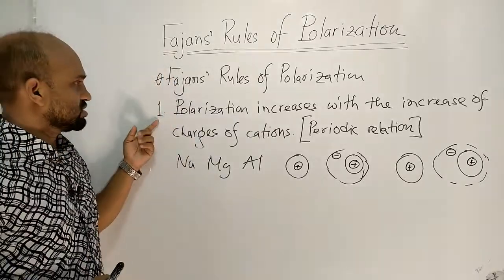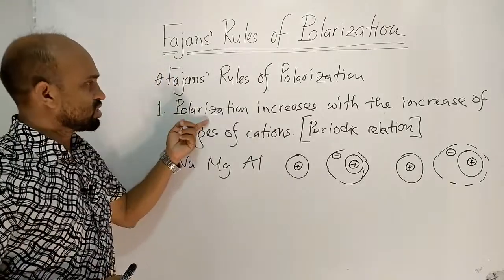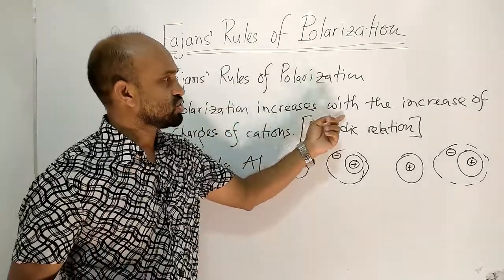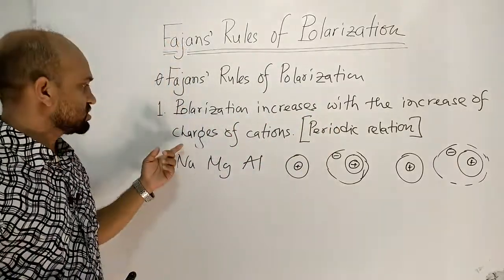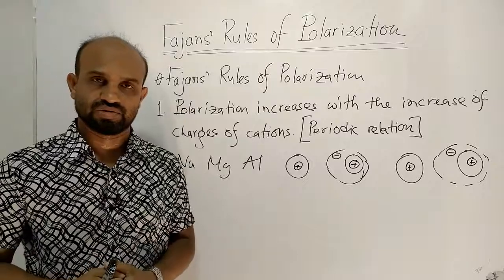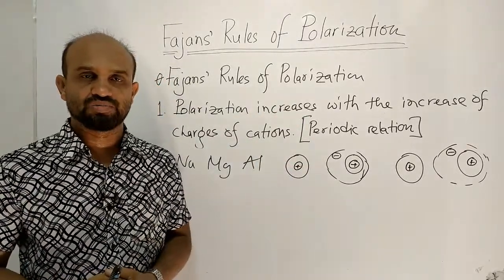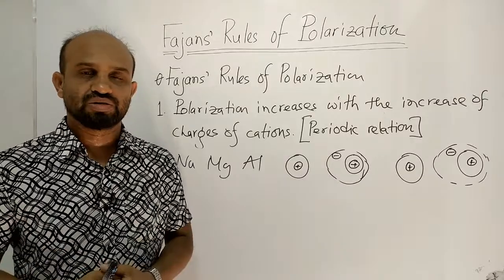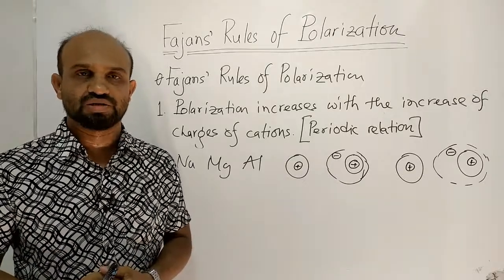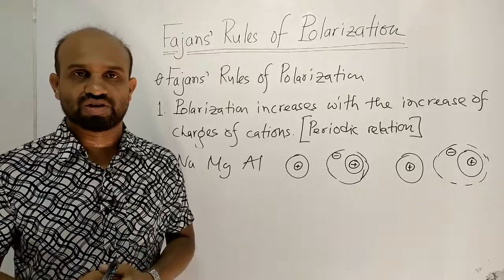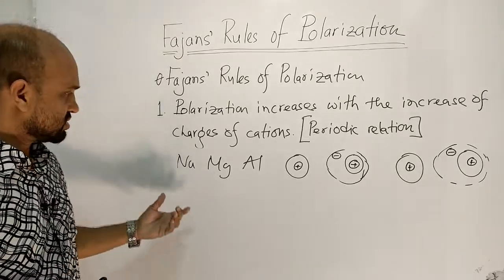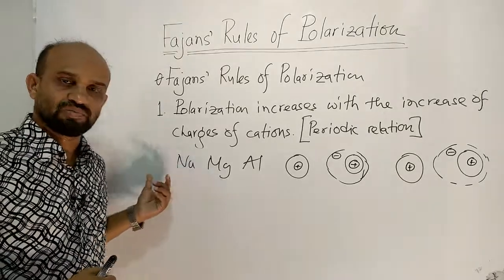Here the first rule is polarization increases with the increase of charges of cations, and it's a periodic relation. Periodic relation means along a period the change of polarization with the change of cationic charges. Let's take elements of a particular period.